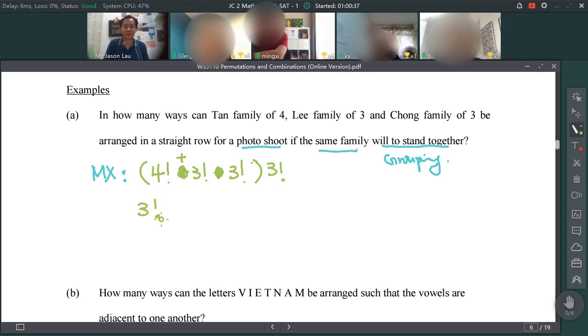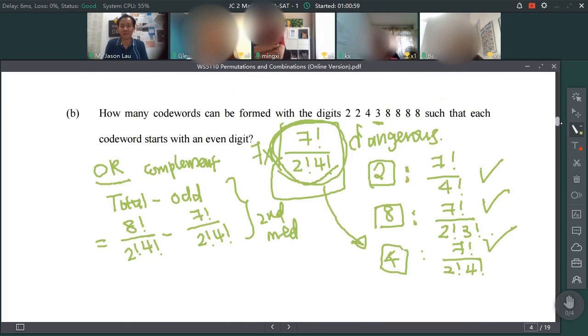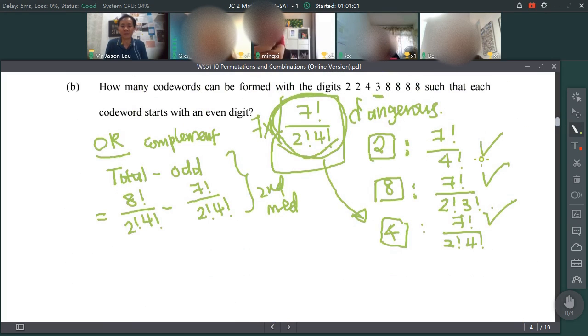Then what's the difference between multiplication and addition? Addition is for example, you arrange certain things, you finish the whole process, but after that, in hindsight, you think of some other cases you want to consider. Just like the code word problem just now. Is addition mutually exclusive, and multiplication mutually inclusive?